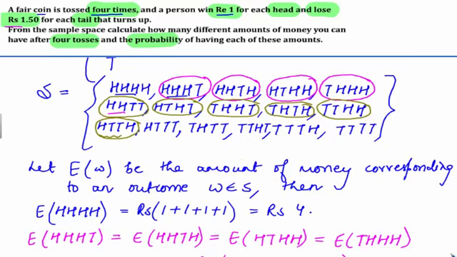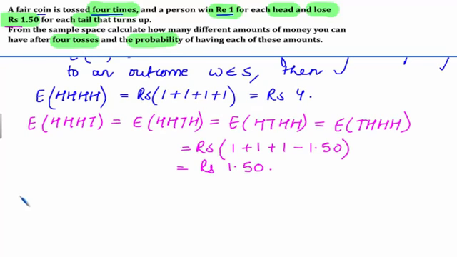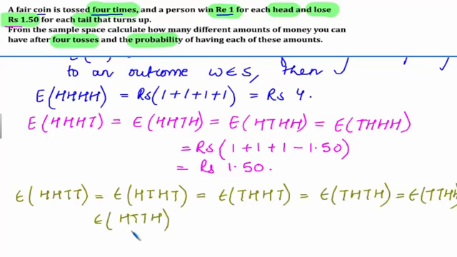Hence we have E(HHTT) is equal to E(HTHT) is equal to, and so on.